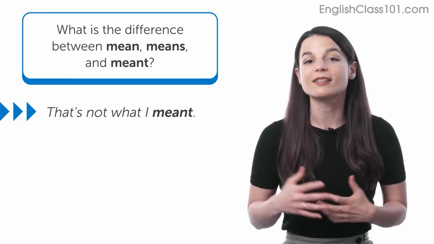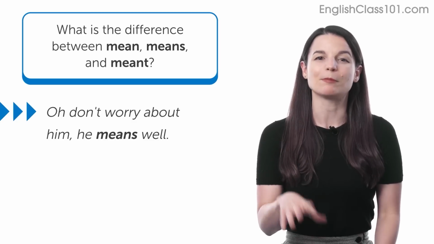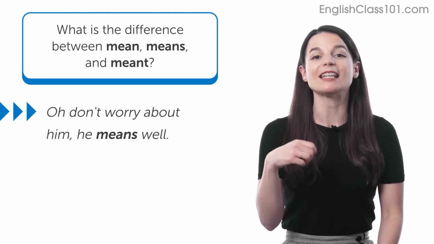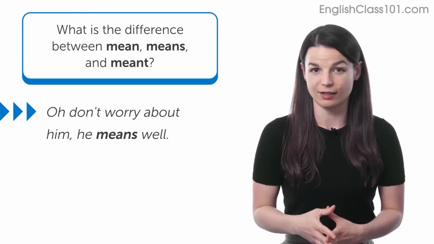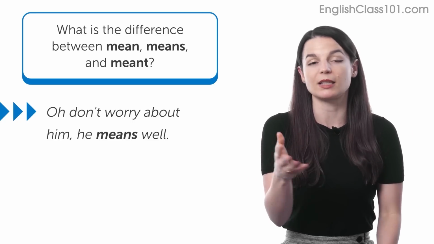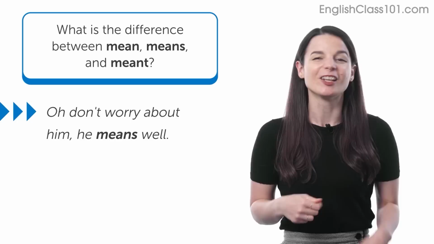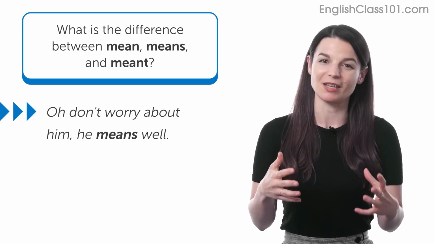When we use it in the present tense, we have this same feeling too, like, oh, don't worry about him, he means well. So that means he intends to express things in a positive way, or he intends to describe himself positively. That's what the expression he means well or she means well means. So it's hard not to talk about this word without using mean as well.